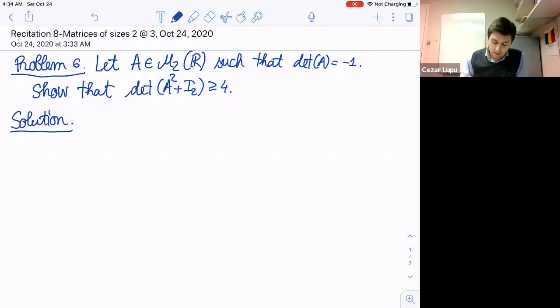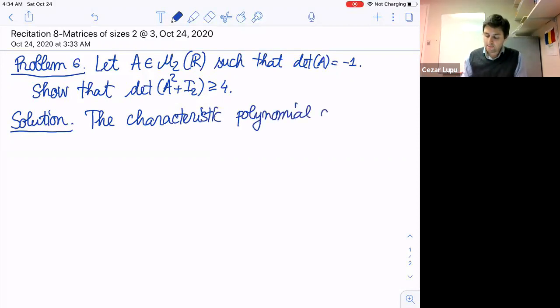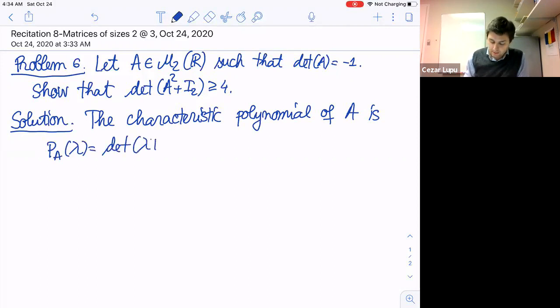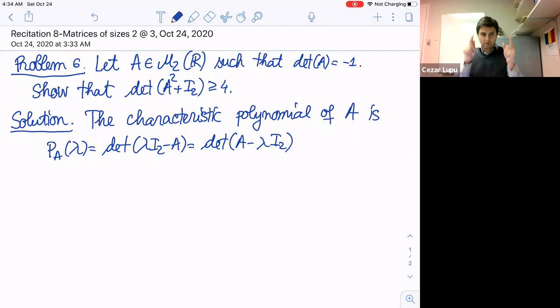Let's just write the characteristic polynomial of the matrix A. It is given by P_A of lambda, which is the determinant of lambda times the identity minus A, or if you want, it will also be equal to the determinant of A minus lambda times the identity.